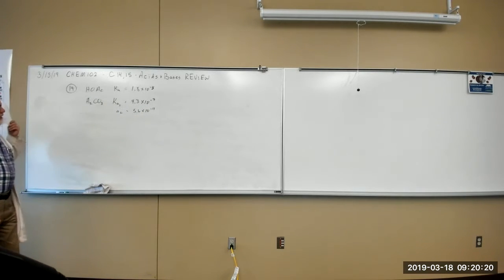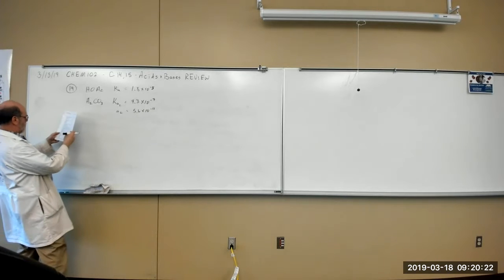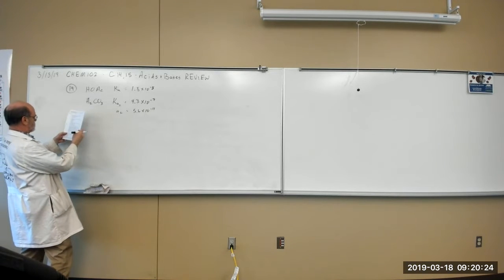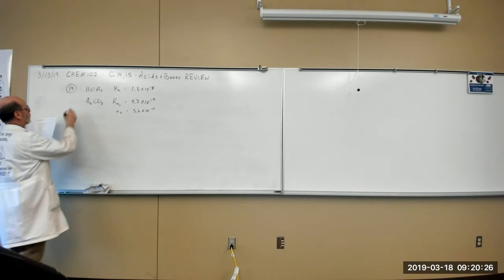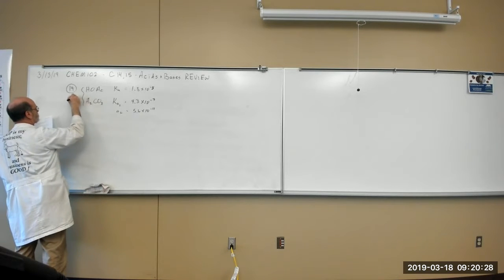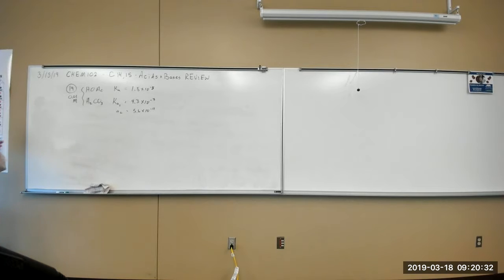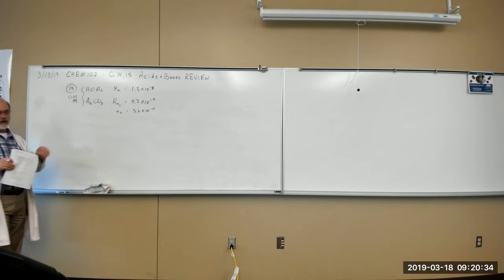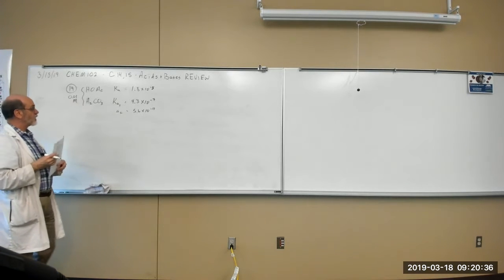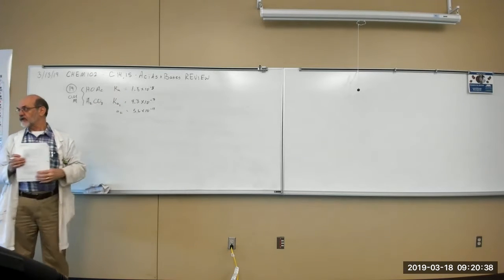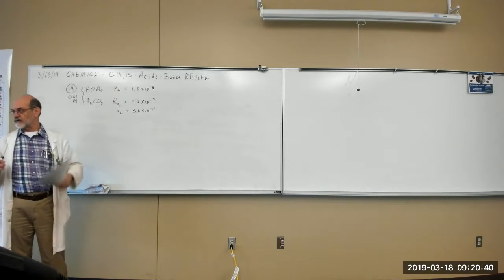First, these are 0.01 molar, both of them. So we are comparing apples and apples. They're at the same concentration, so we can focus on the Kas to determine relative pH.